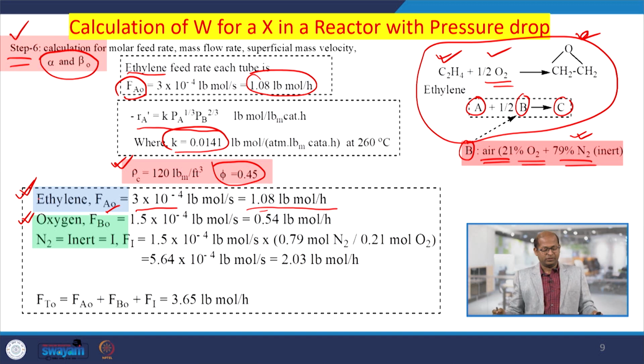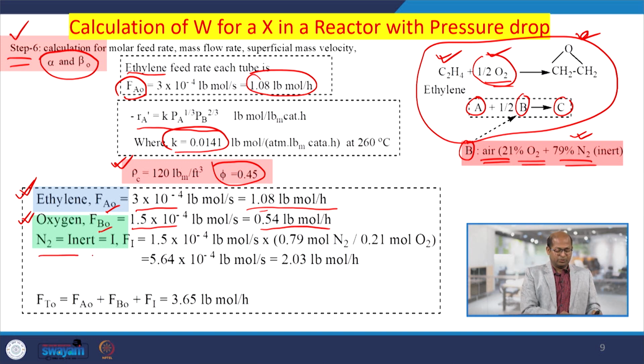Similarly, for oxygen, if we express the molar feed rate as F B naught, it would be half of ethylene from the stoichiometry. Okay. So, from here it is 0.54 pound mole per hour.